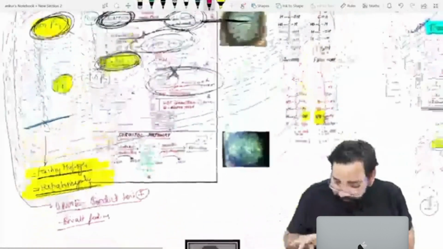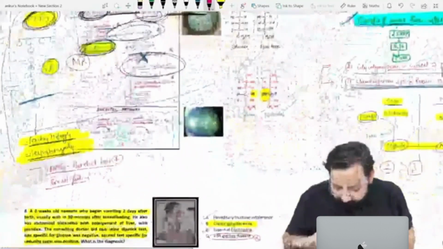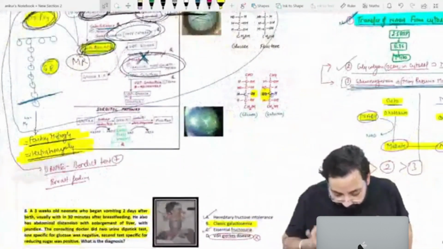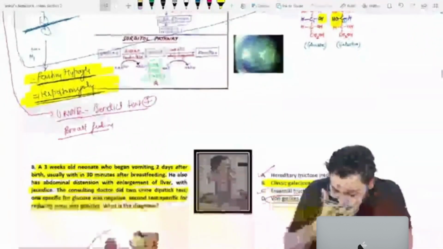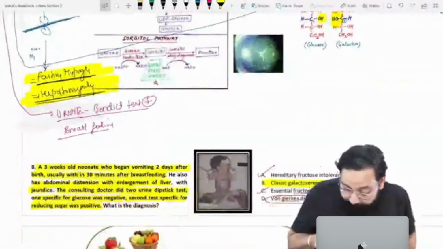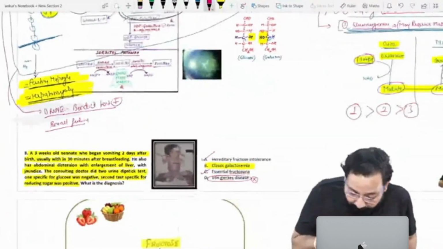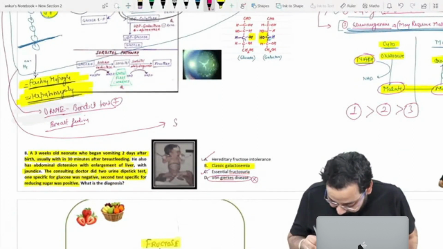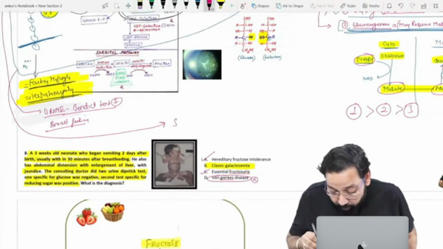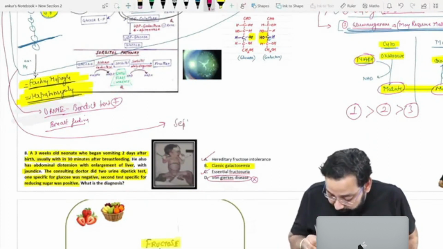So for the time being, you remember this. Sorbitol pathway I leave for the time being. Before going further, you will find that these patients are susceptible to sepsis by E. coli.